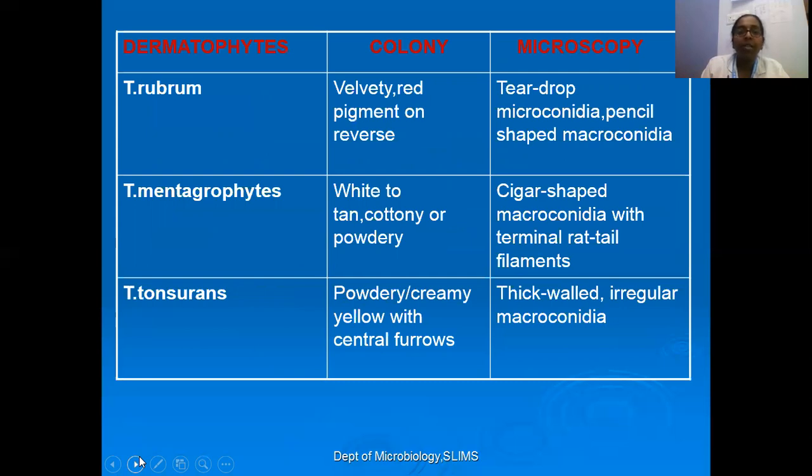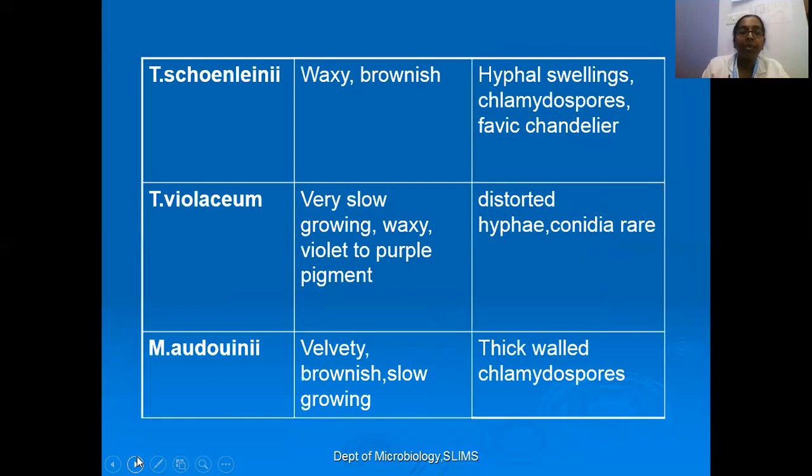In Trichophyton mentagrophytes, white to tan, cottony or powdery colonies are seen, with cigar-shaped macroconidia and terminal rat-tail filaments. Trichophyton tonsurans is powdery, creamy yellow with a central furrow, and thick-walled irregular macroconidia are seen.